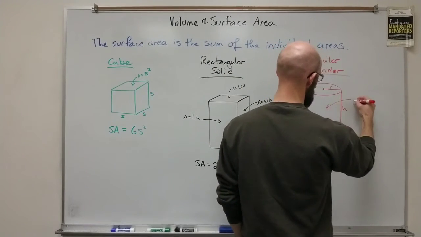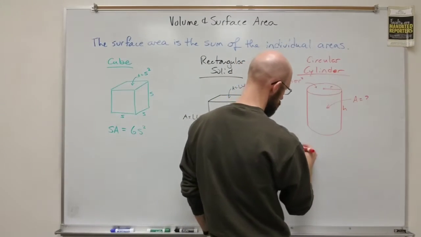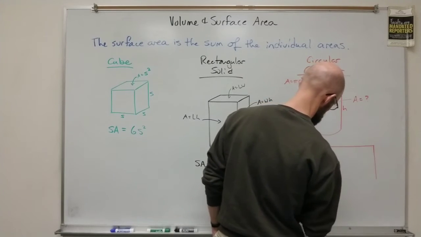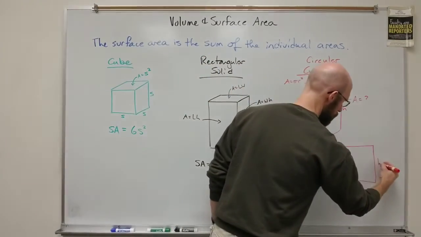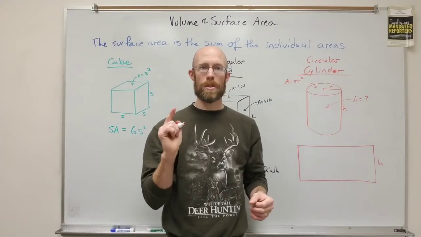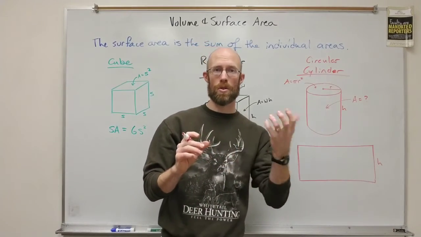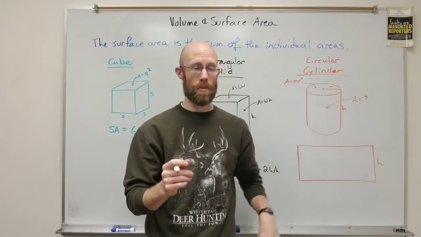That surface there, we'll talk about that area in a moment. So it rolls out into a rectangle that happens to have a height, or a width, whatever, equal to the h. But then the length of it happens to be the circumference of the circle around. So if you roll out a circle, the length that it travels is 1 circumference.